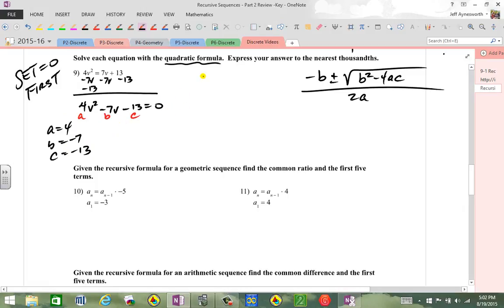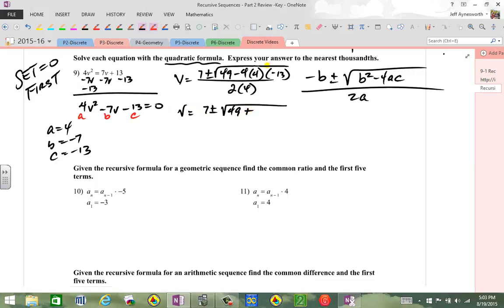Here we go. So v is equal to negative b, or 7, plus or minus the square root of 49. Negative 7 squared is 49, minus 4 times a, 4 times c, negative 13, all divided by 2 times a, which is 4. So v is equal to 7 plus or minus the square root of 49 plus now.